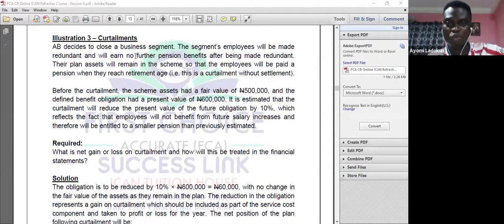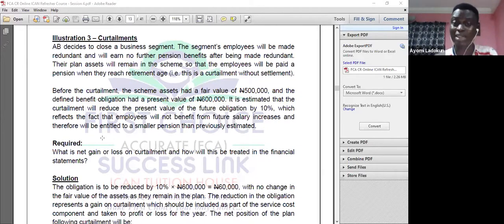And we were able to look at our pro forma that you really need to understand properly, when we said that pro forma is an adjustment because you needed to present the net position of your employee benefit into your financial statement. So what it means is, if I'm going to pay my employee at the end of 20 years or 25 years, I don't wait till that time till I start looking for the money.